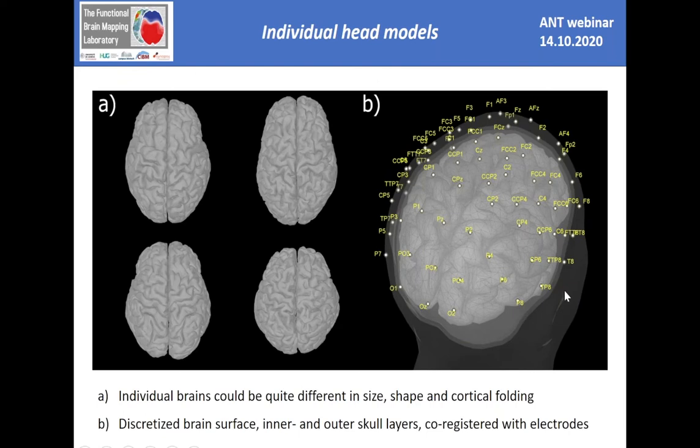So here everything is already nicely in place, and as I said, the geometry plays a big role. That is the relation between every solution point or every source point to every electrode, right? So that is very important. So this is all sorted out. And the assumptions of the conductivity values are of course very, very influential too for head modeling.